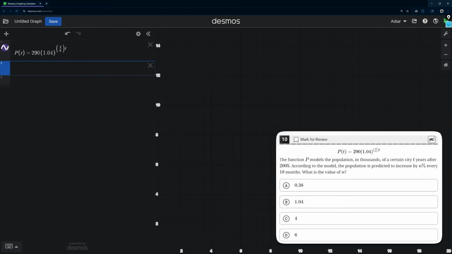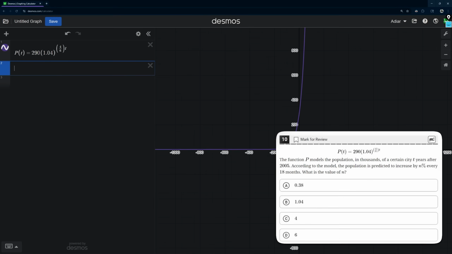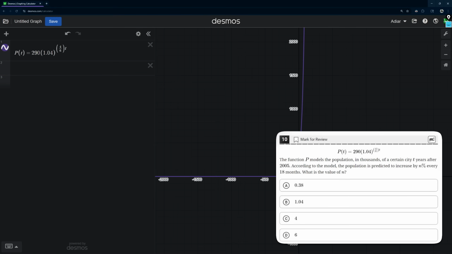So using that formula with this problem, we can say that it's going to increase by n% every 18 months. Because this is an exponential function, as we can see if we zoom way out, this statement that it increases by n% every 18 months is true no matter where we start.